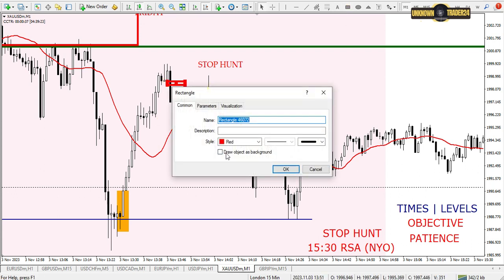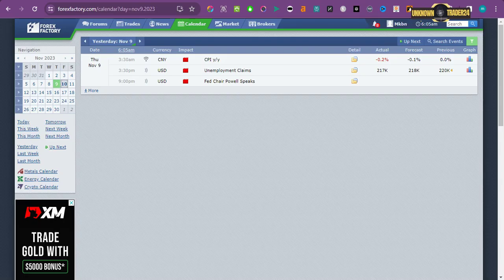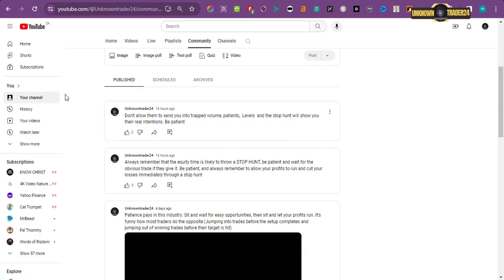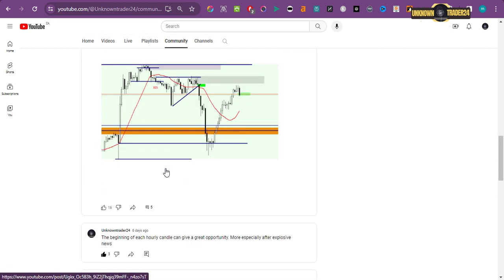If you go back and look at the community, you'll see I posted this as an execution. I took it here, I closed it here, and I was able to re-enter and take it back to the other level, understanding the importance of level.